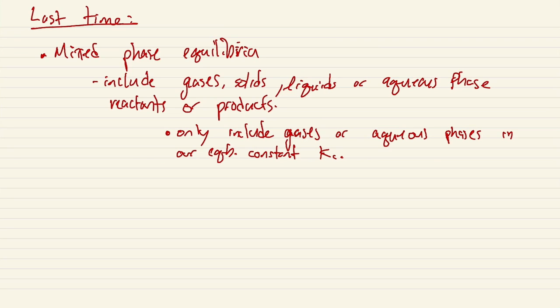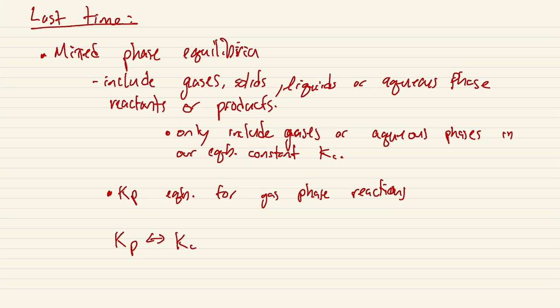We only include the gases, and we can also define a new type of equilibrium constant, Kp, which is our equilibrium constant for gas phase reactions. Does anyone remember what the relationship between Kp and Kc was? Kc is usually our standard equilibrium constant. So when you see K sub C, that's your standard equilibrium constant.